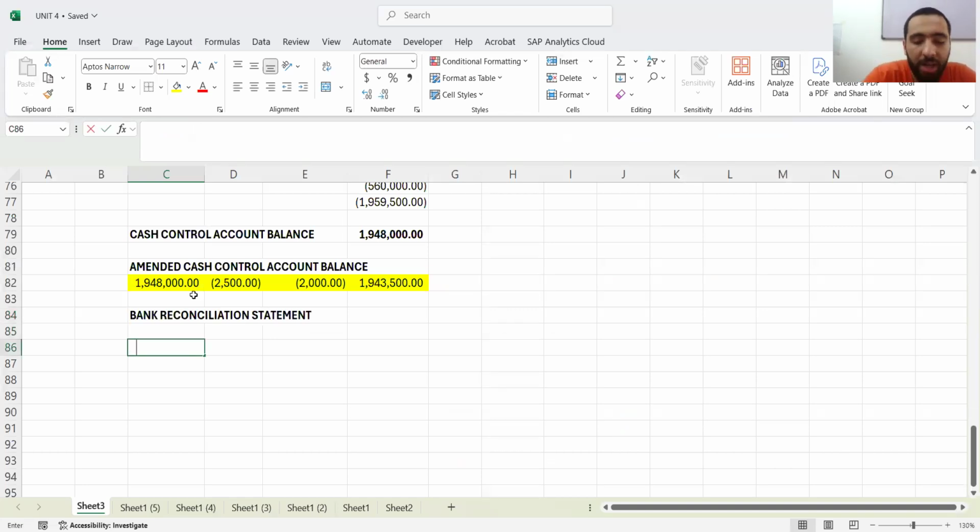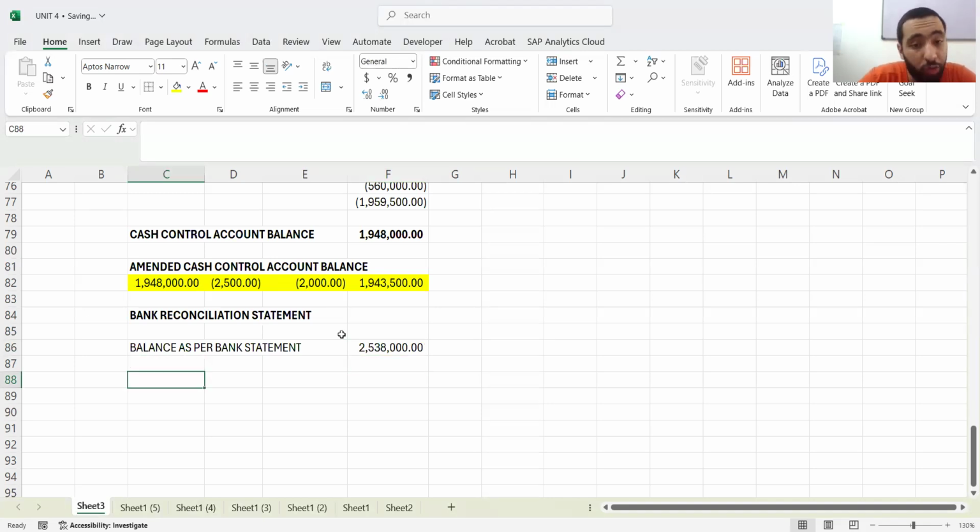First of all, how to start the bank reconciliation statement? Yes, balance as per bank statement. How much is the balance as per bank statement? 2538, 2538 triple zero.